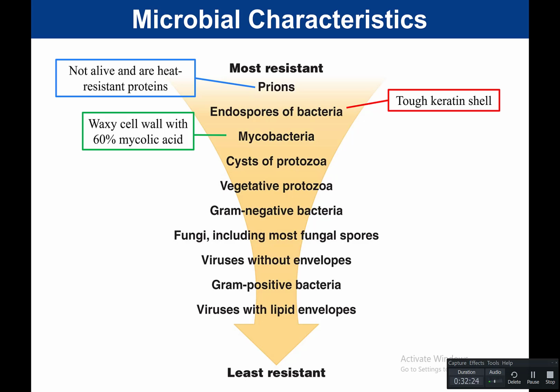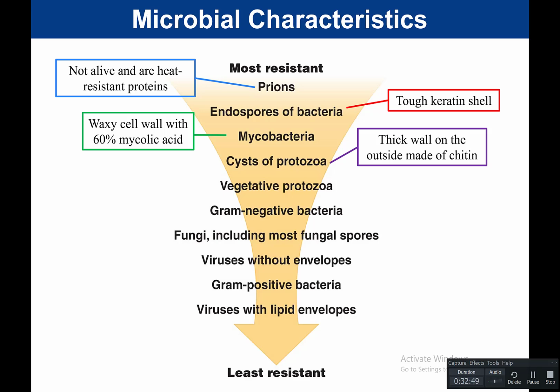Protozoans, this is what we are going to be learning currently. Protozoans have two main stages, what we call a cyst stage and what we call a troph stage, or vegetative protozoans. The cyst is going to be the most resistant because it has a thick wall on the outside that is made of chitin.